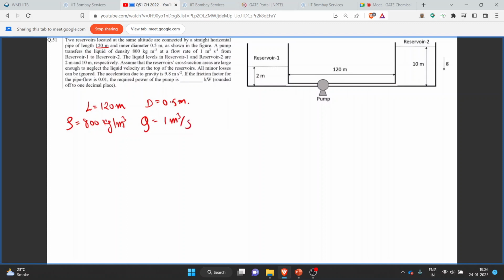Then we have been given the respective heights, that is h1 is equal to 2 meter, h2 is equal to 10 meter. Let's just call this reservoir 1, this reservoir 2. The acceleration due to gravity is 9.8 meter per second square, and the friction factor F is 0.01.